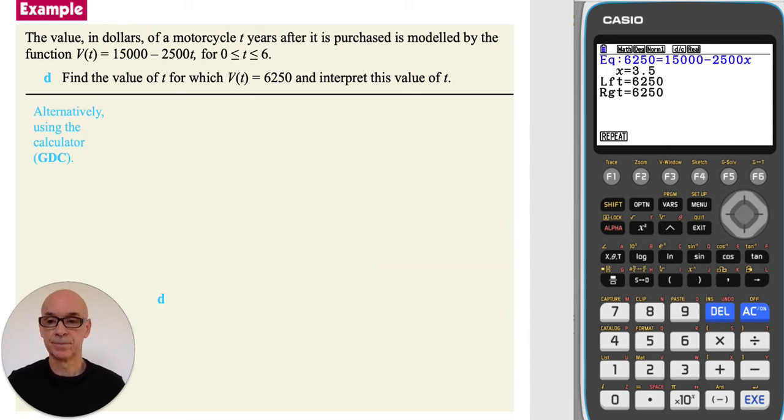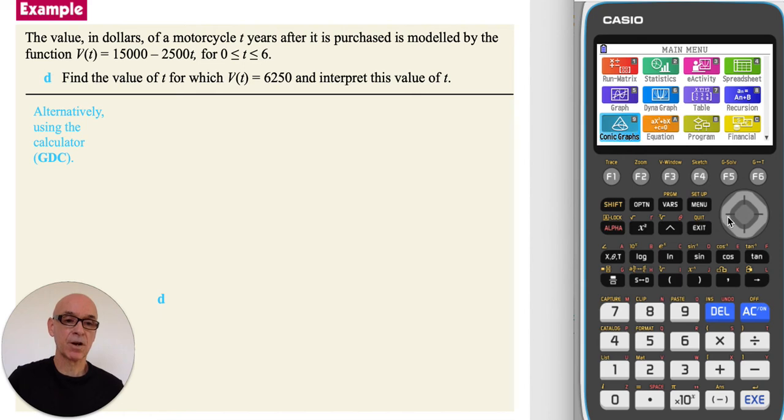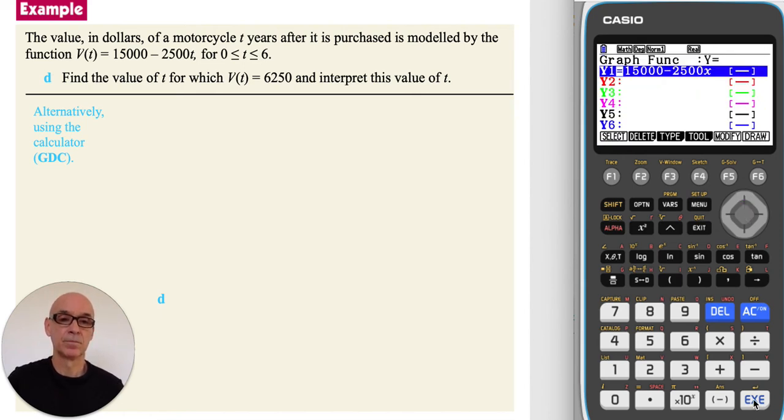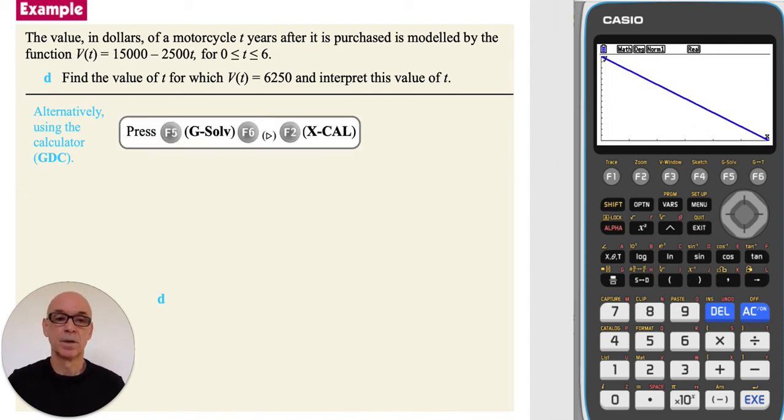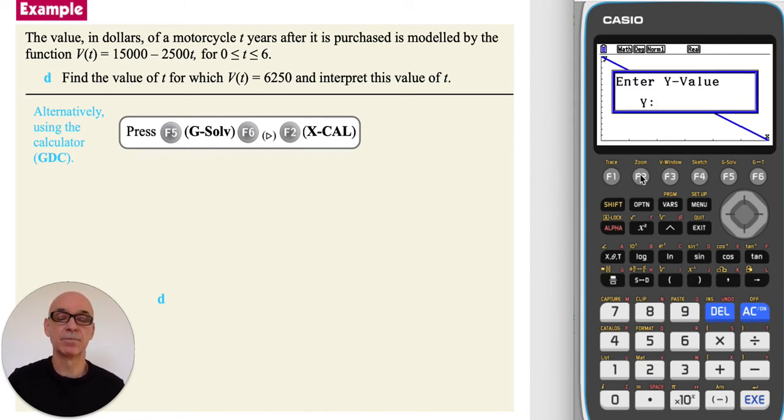Alternatively, we could have solved the problem from the graph. So from the main menu, selecting Graph, and redrawing the graph, pressing F5 for G-solve, and then F6 to get to the second page of menus, and this time pressing F2 for an X calculation.